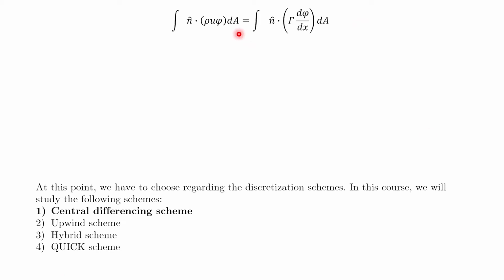If we use the Gauss divergence theorem on both the sides, we see that this is the term you might be familiar with. We have a normal vector times the term inside the gradient, integrated over the surface area. And the same would hold true for the left hand side: the normal vector times the term inside the gradient, which is rho u phi, integrated over the area.